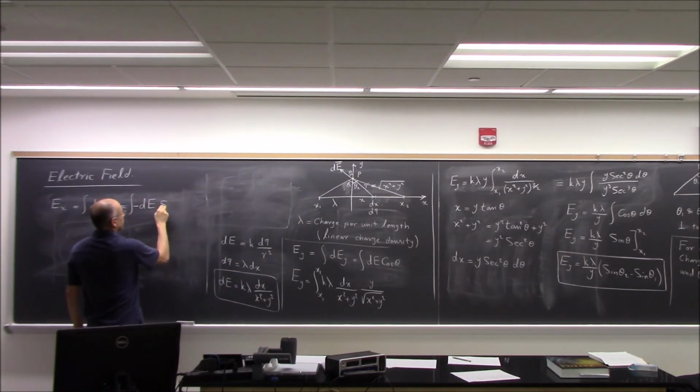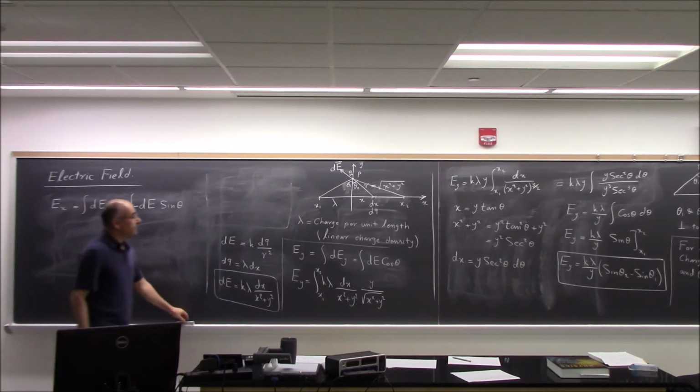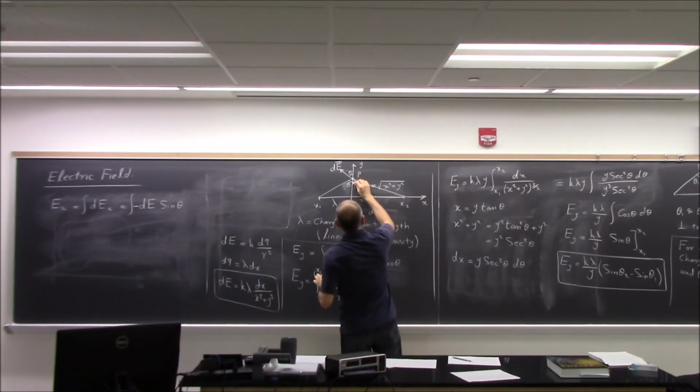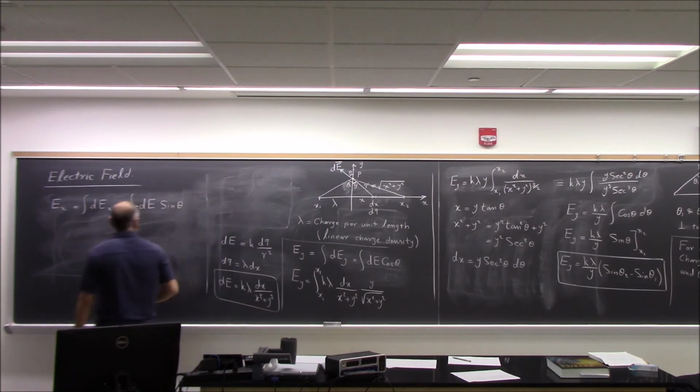Negative dE sine theta. Stay here and forget about theta 1 and theta 2. This was our theta, right? Theta is here, theta is here. If you want the x component of that, it will be sine theta because it's opposite, but it's in the negative direction, so it will be negative dE sine theta.